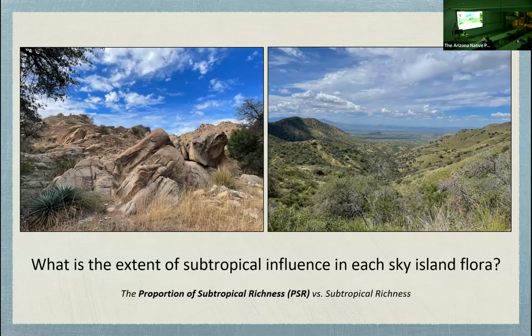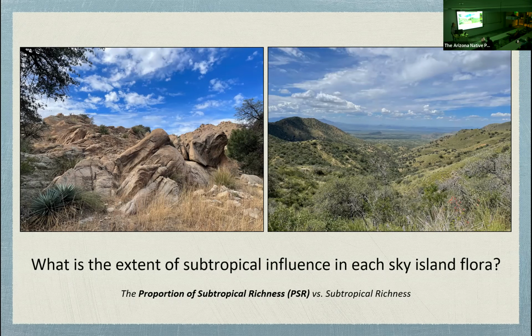But if somebody in the room were to ask you, does that mean that Santa Catalina is more subtropical in nature from a botanical perspective than Babaquivari? I think most of us would say no. Babaquivari would have a lot more of what we would think of as subtropical plants. So I basically came up with this metric, which has worked out really well. It's a little clunky, but it's called the proportion of subtropical richness.